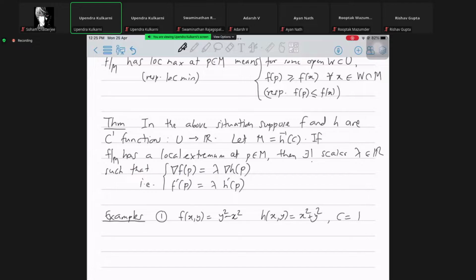So what does the recipe say? Let's follow the recipe. Once again, I am guaranteed that there has to be a maximum and a minimum, because in this case the level set M is equal to H inverse of 1, which is the unit circle.